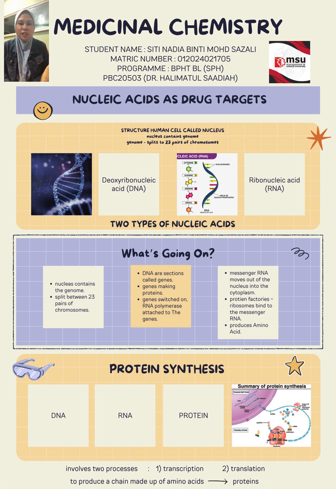Protein synthesis occurs in two main steps, which are transcription and translation, to produce a chain made up of amino acids to form proteins. It is important to the human body to make enzymes, hormones, and antibodies, and also to repair and build muscles and tissue, essential for cell growth and function.